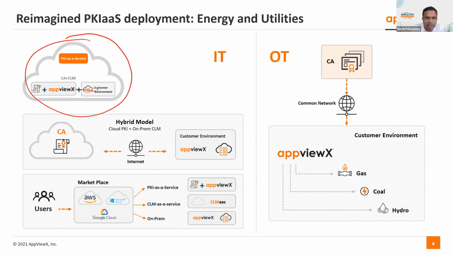And when we look at that a little bit in detail, you could have the CA in the cloud, whatever you might use, right, could be in the cloud. And AppViewX could be running in your customer environment. Now, this enables you to keep, AppViewX also has the capability to do a key escrow, right, centrally, with HSM backing and a whole bunch of stuff.